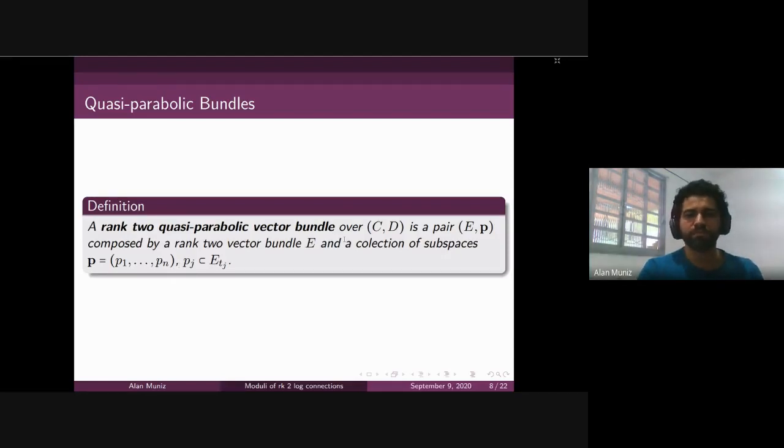But as we are in rank 2, we only care about defining a subspace of dimension 1. We only care to define a direction on the fiber of E at t_j for j from 1 to n.